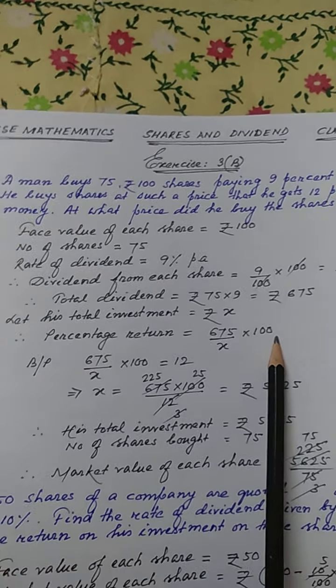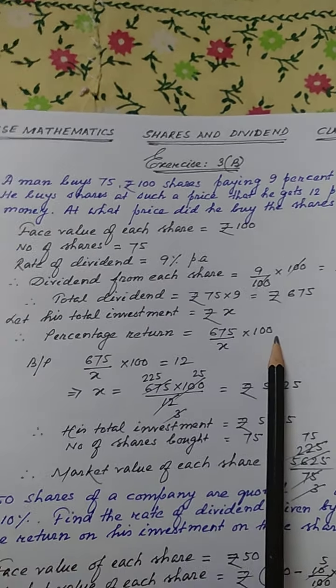Now percentage return from the first company, that will be, 5 rupees is what percent of 120 rupees. So 5 by 120 into 100, solving it, it's coming 25 by 6, that is equal to 4.166, and rounding it up, it's coming 4.17%. So percentage return from the first company is 4.17%.